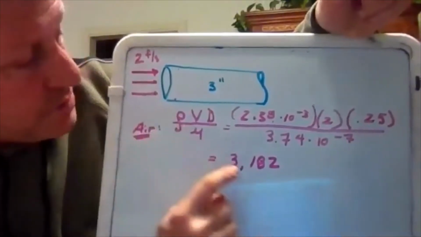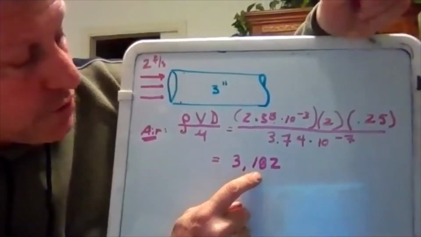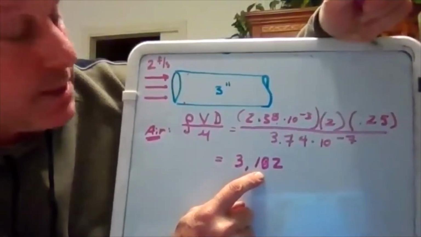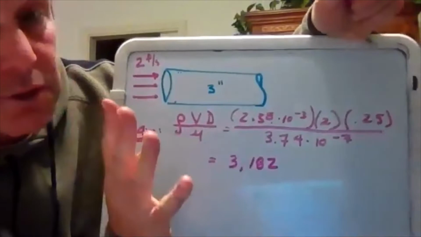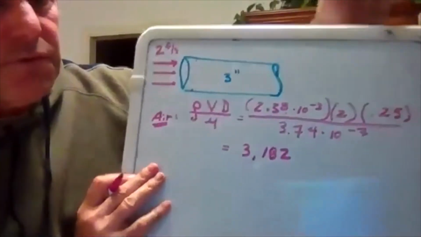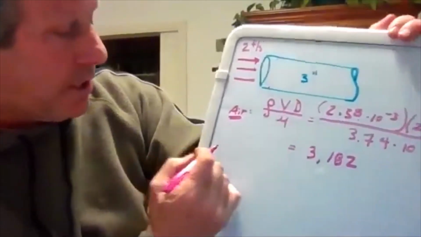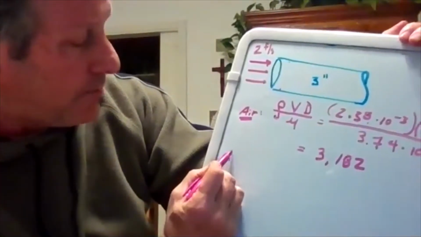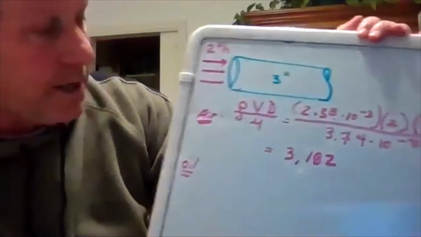So this would tell us that the inertial forces are 3,182 times as strong as the separation forces. Good enough for now. I think the thing to do now is to go to a different fluid and see how it turns out. So let's take a look at, what if we did SAE30 oil? I'm just going to write it as oil, all right?